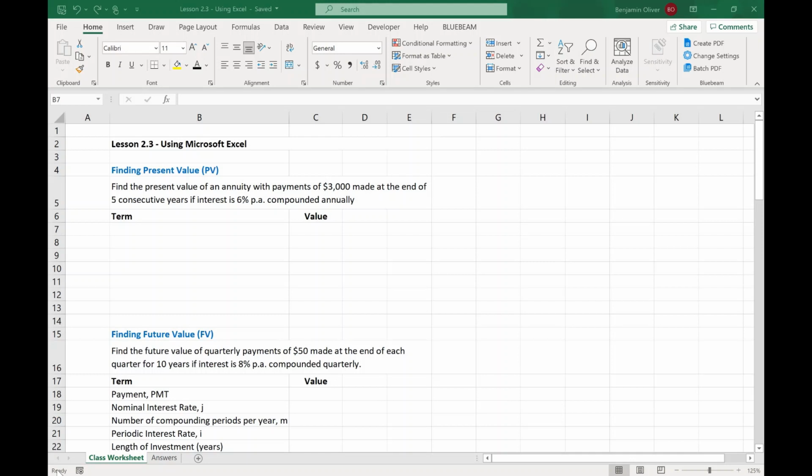Now, remember, anytime you're looking at an Excel spreadsheet, I have two columns here. I have term and value. So value is the actual number that we're going to take from our question and input it in. But you always need to show what the term is. Okay, what is that value you're describing? And again, you know what that value is.